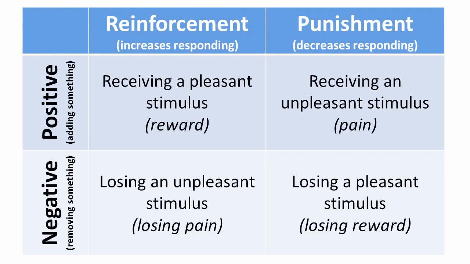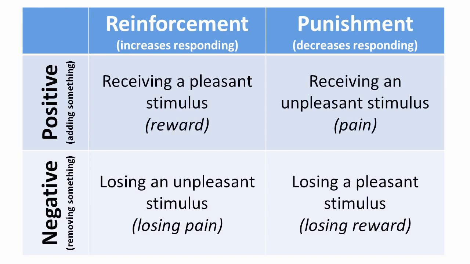Positive reinforcement is when you add a stimulus to produce an increase in responding. So it's like you're giving the child a reward. You're giving them a cookie or a high five or a hug. Negative reinforcement is still going to result in an increase in responding, but now you're taking away a stimulus.